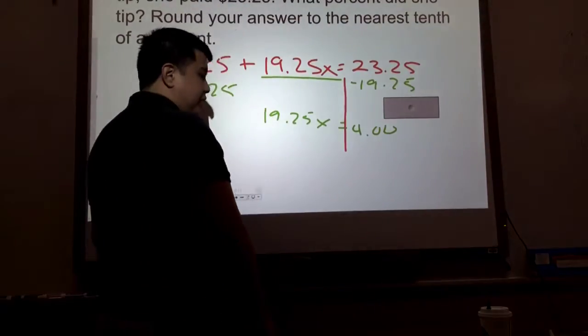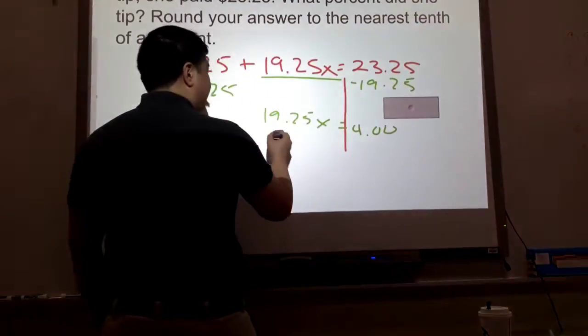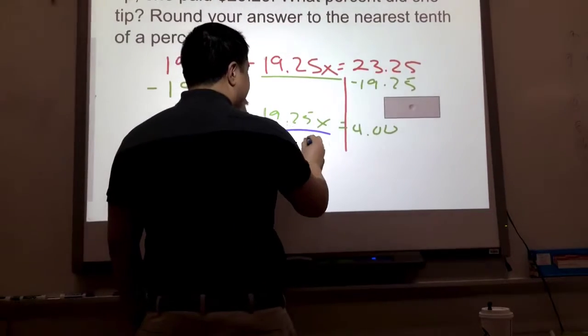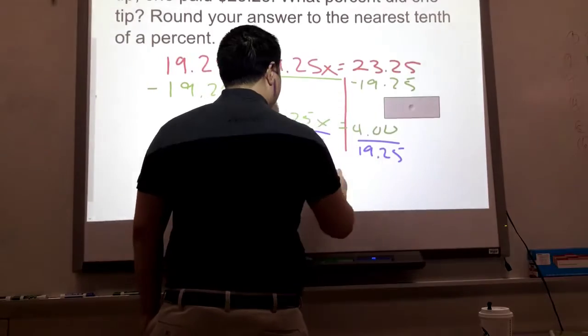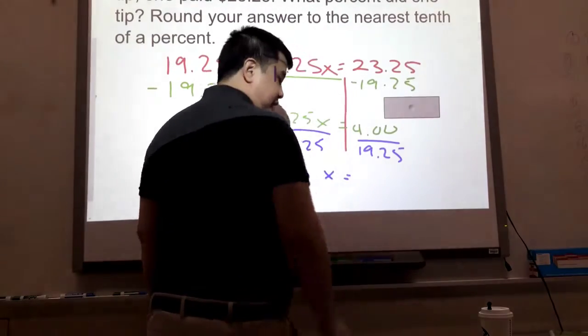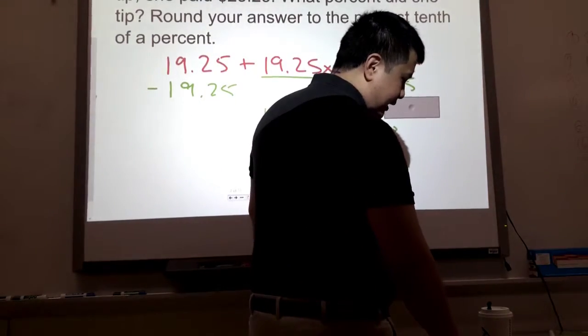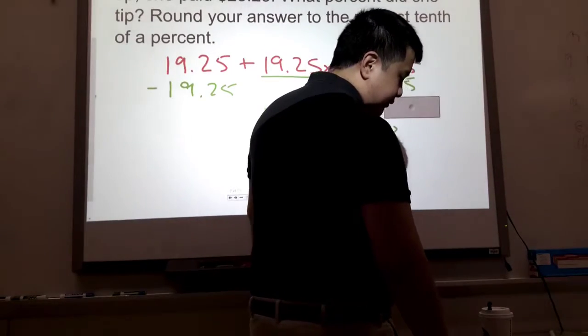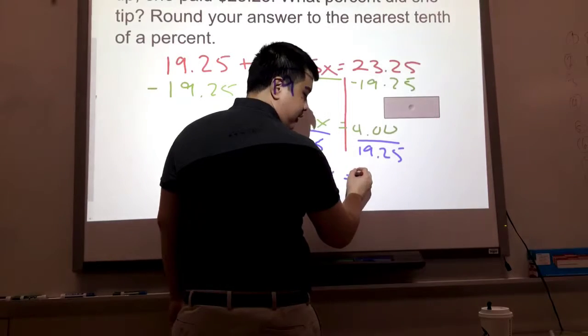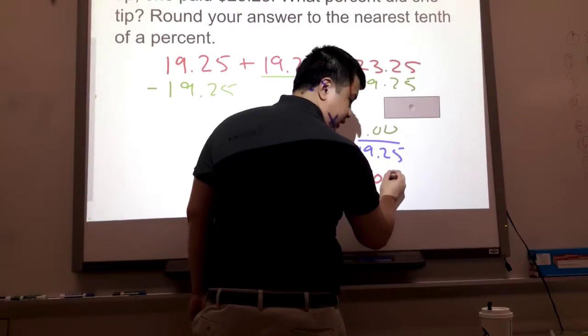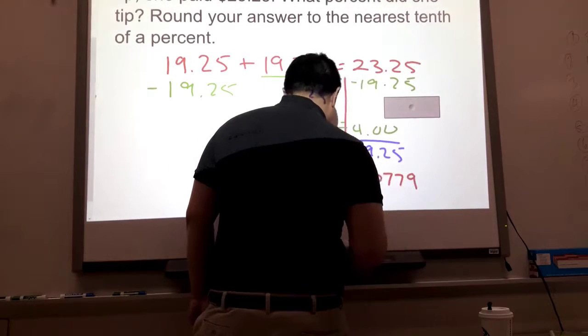We're going to divide both sides by the coefficient, which is 19.25. x equals, use your calculators, 4 divided by 19.25, which is 0.20779.